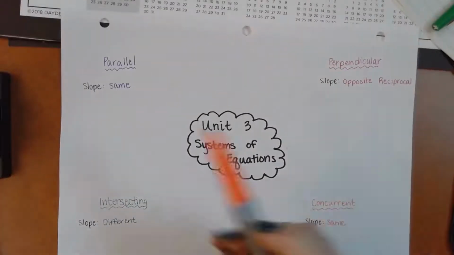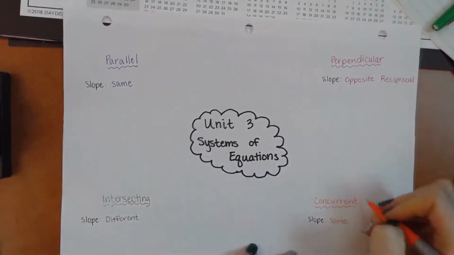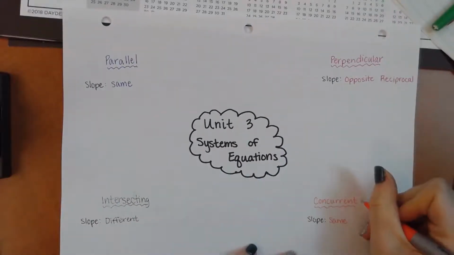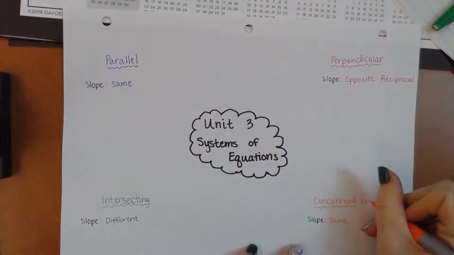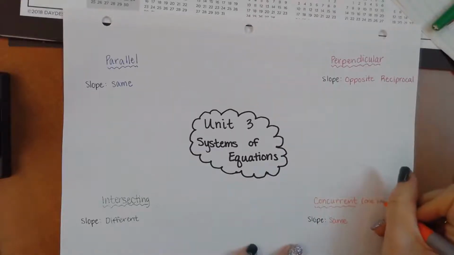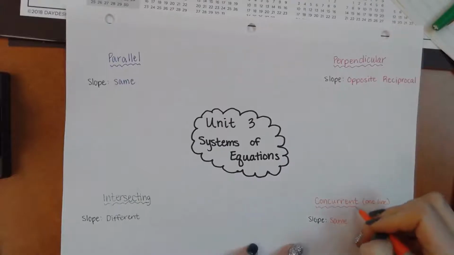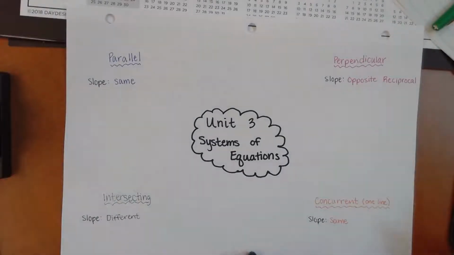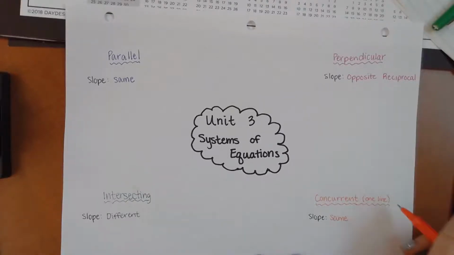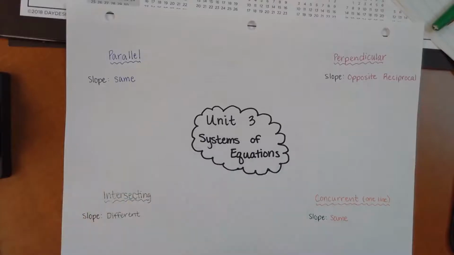The difference between parallel and concurrent is that concurrent means it is only one line, meaning that you are given two different equations and they might be in different forms. So one could be in slope-intercept form and one could be in point-slope form. And then when you manipulate them, they end up being the exact same equation, which we'll go over a few examples of in a minute. So that's the difference between parallel and concurrent.